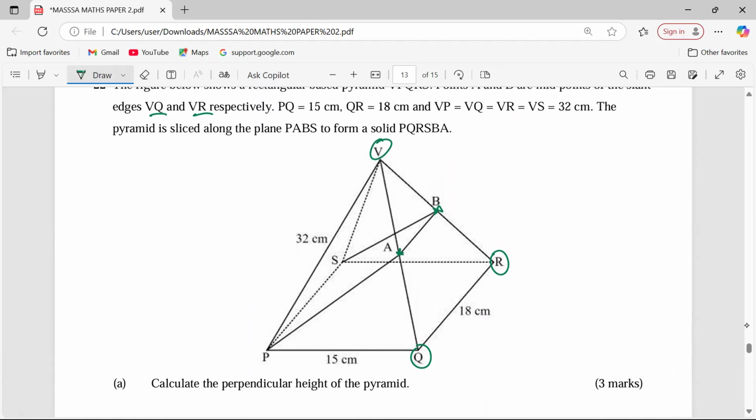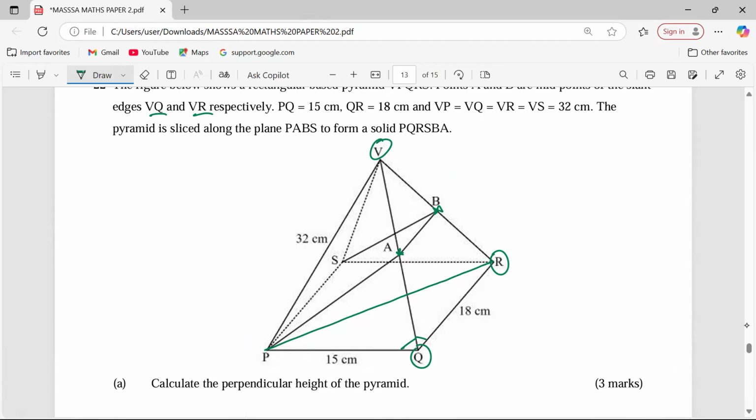The perpendicular height of the pyramid can be gotten very fast. Let's first see what the length PR is. From P to R, since the base is rectangular, we can use Pythagoras theorem. We say 15 squared plus 18 squared, then the square root.